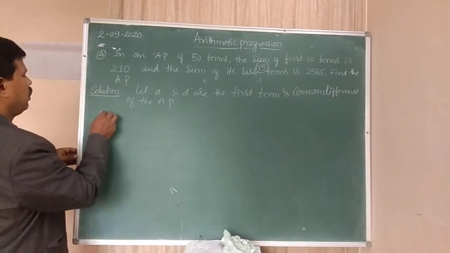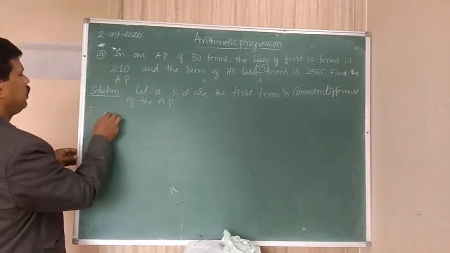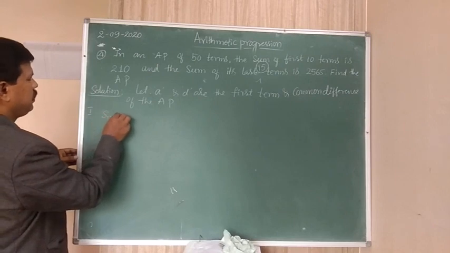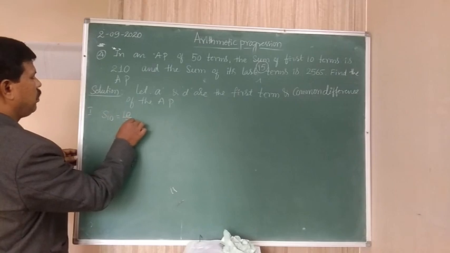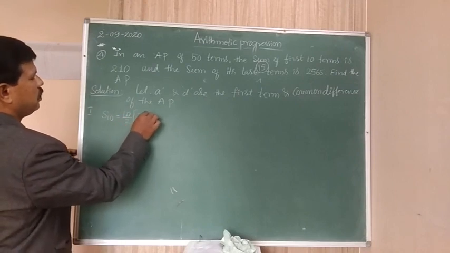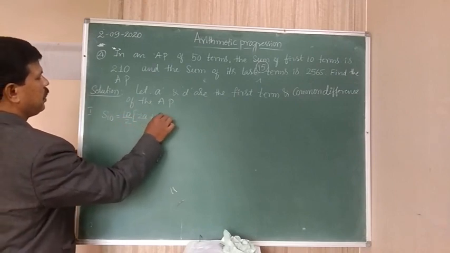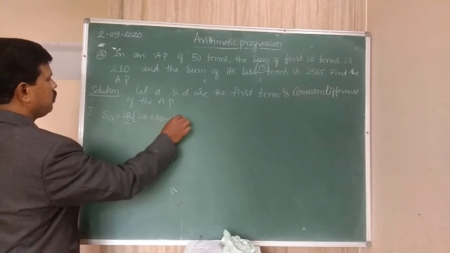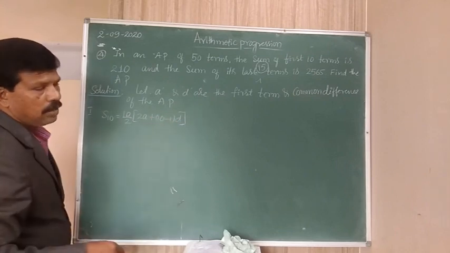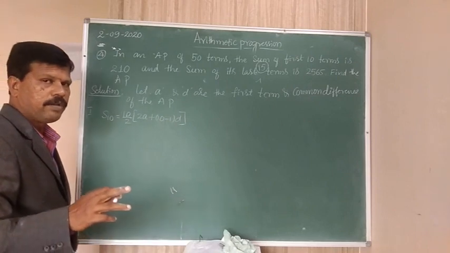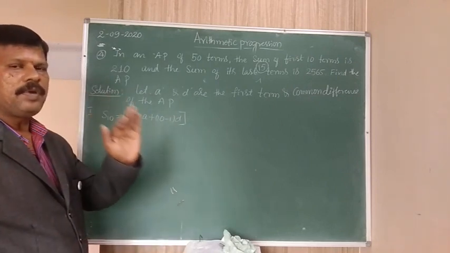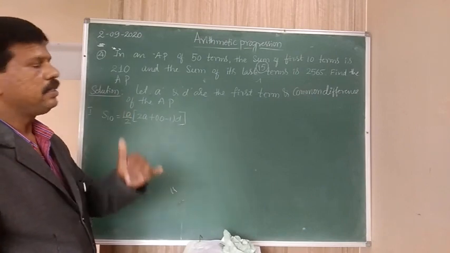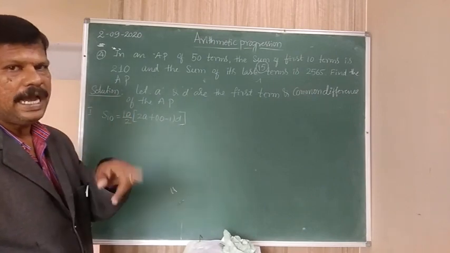So first, S10 is equal to 10 by 2 into 2a plus 10 minus 1 into d. When we have to find out a and d, in the formula keep a and d as they are, just substitute the value of n.